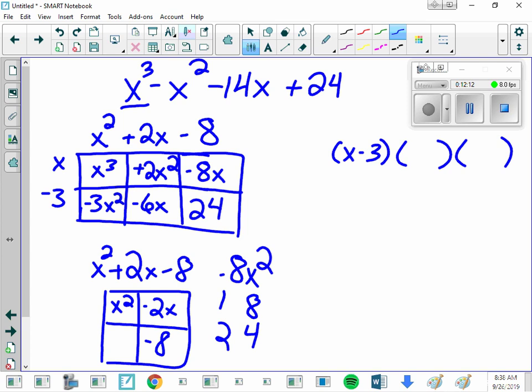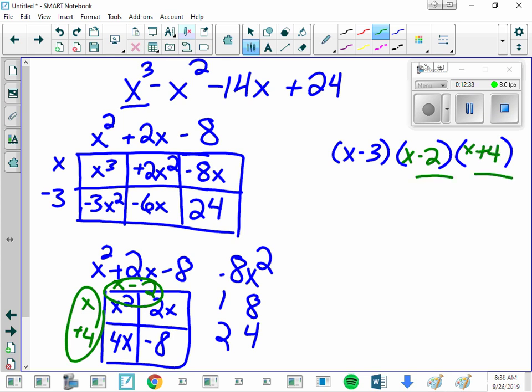Negative 2x and 4x. In the top row, I pull out an x, which gives me x minus 2 and x plus 4. Those are the other two factors. So I write them over here. And those three factors are what created that x cubed polynomial.